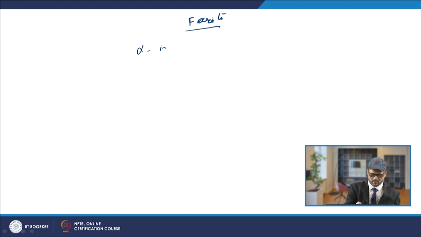This is almost pure iron, and carbon can be dissolved to form the solid solution ferrite. There is very little solubility of carbon in alpha ferrite at room temperature, a very small value like 0.006%.